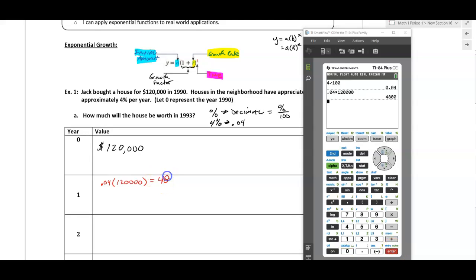So that's how much it went up from the beginning to the end of the first year. Now, what is the value of the house after the first year? I take the 120,000 and add the amount it went up, 4,800, and it's going to be 124,800.